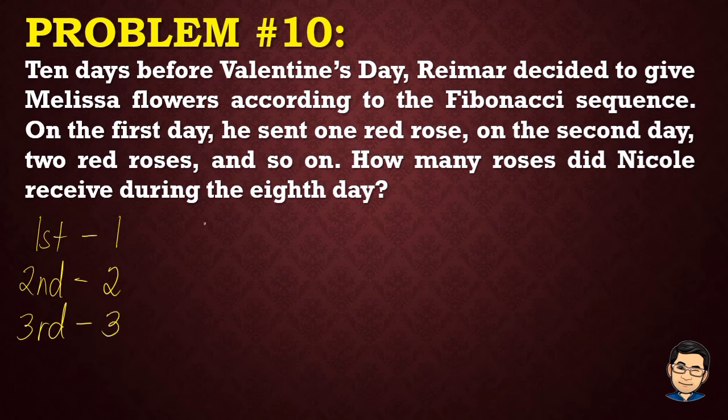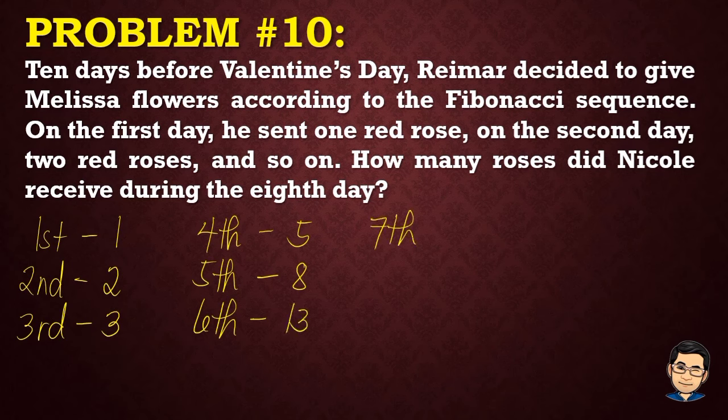So, on the fourth day, add natin yung 2 tsaka 3, that is 5. Then on the 5th day, 3 plus 5, that is 8. And then on the 6th day, 5 plus 8, that is 13. On the 7th day, that is 8 plus 13, 21. Then finally, on the 8th day, 13 plus 21, that is 34.